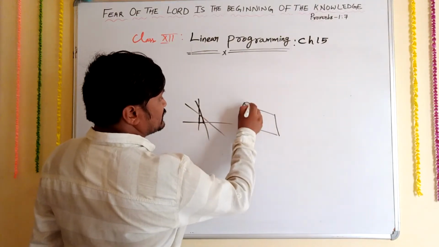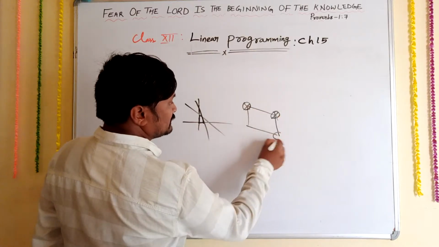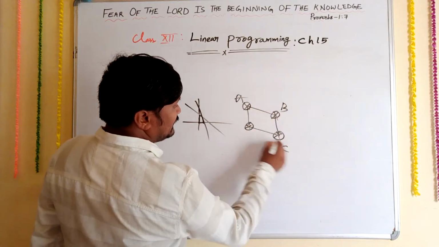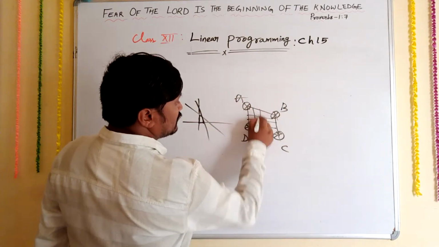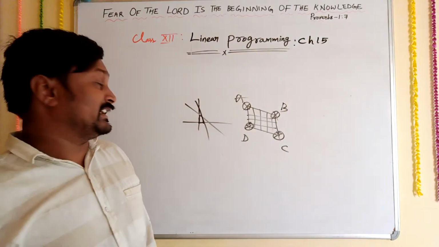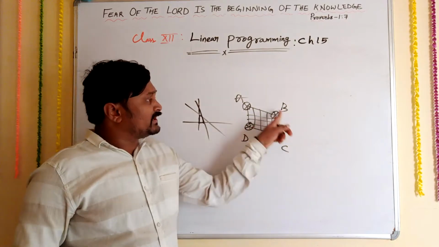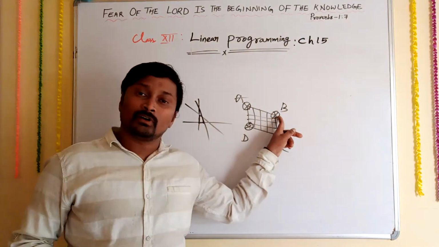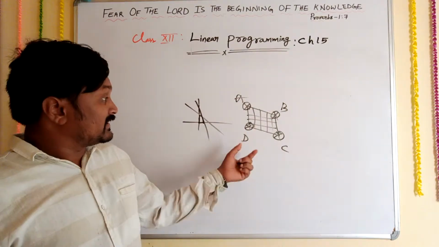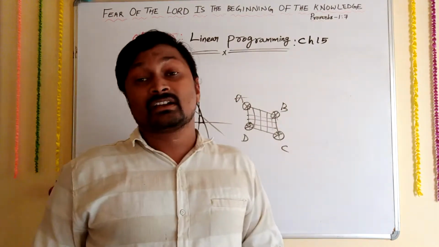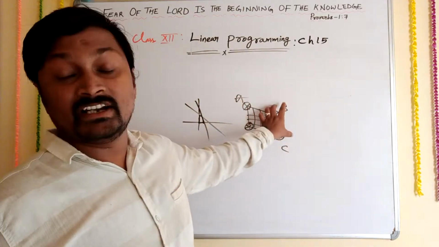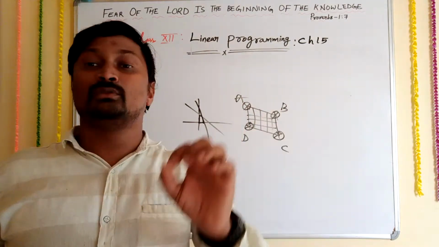Yesterday we got A, B, C, D as your common area. That is called the feasible region. Among these four points, one point is going to be your solution. That's why we call it the corner point method. Any one corner of this region is going to be your optimal solution.